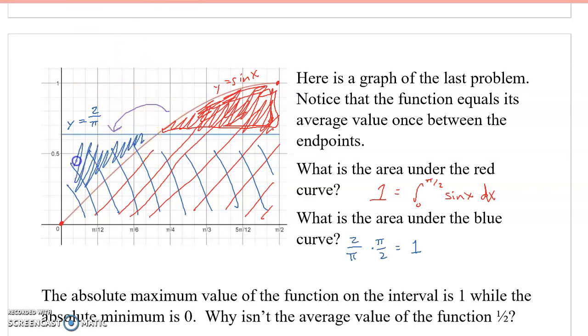So this area counterbalances the area over here, so it melts it down into a uniform height.